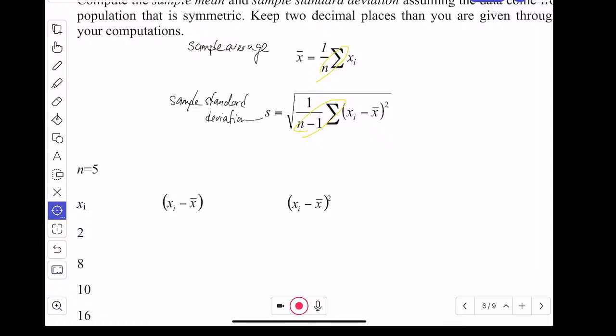And what is it averaging? It's averaging this amount that's known as the deviation from the mean. So what we're doing is we want an idea of spread, and what we want to know is how spread out are the data relative to the center, the mean, when data are symmetric.